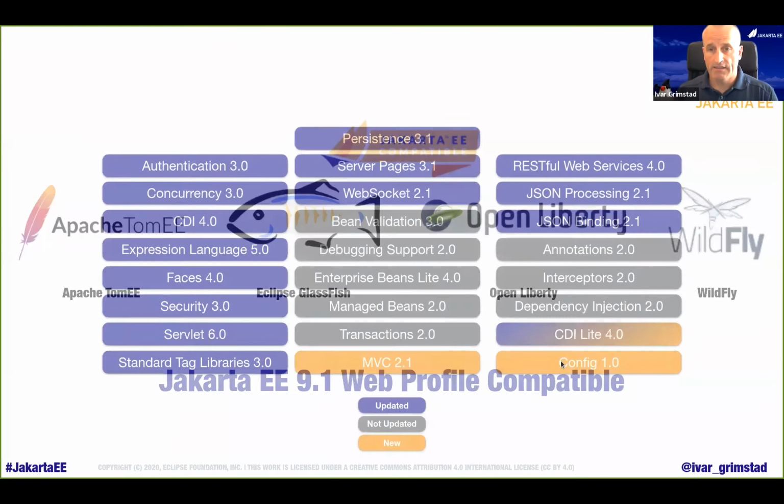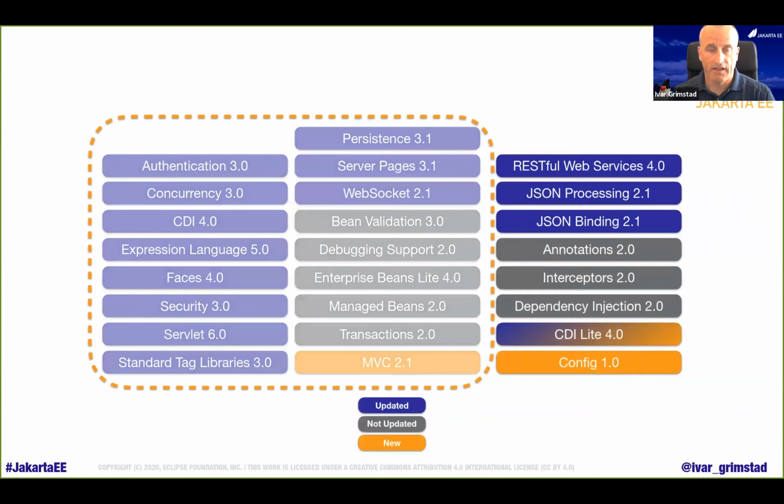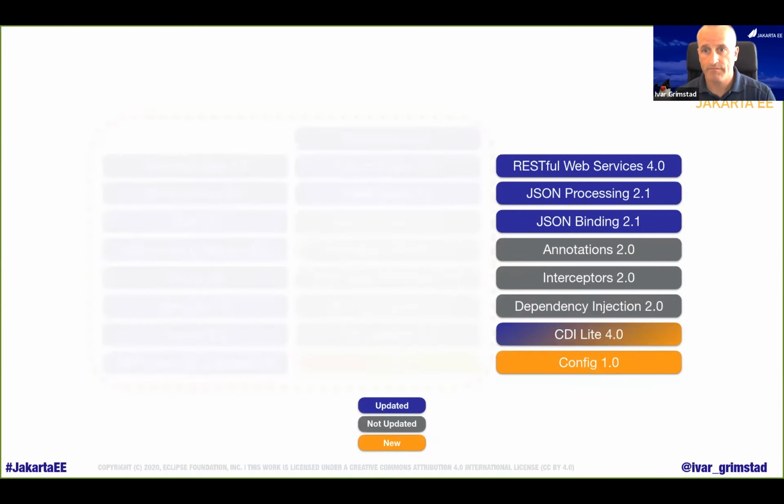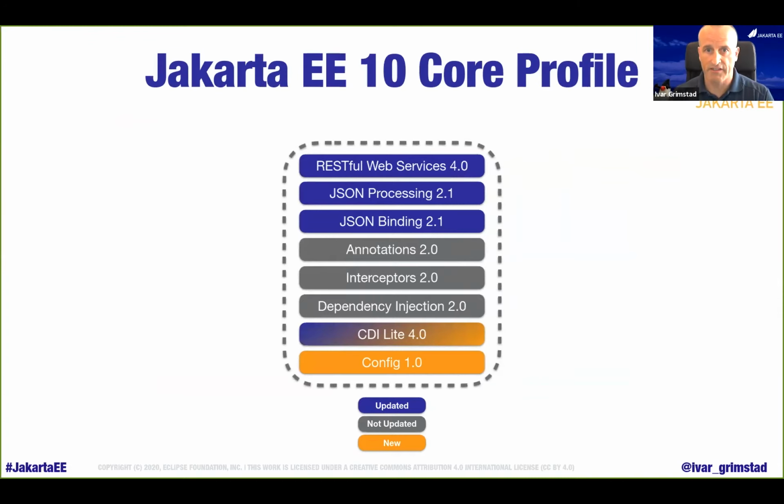So let's take the web profile and tear it a little bit apart. I've grayed out the specs here that are more focused on web UIs and making web applications. And if we remove these, we're left with a set of specifications that are a suggestion for the new Jakarta EE Core Profile.